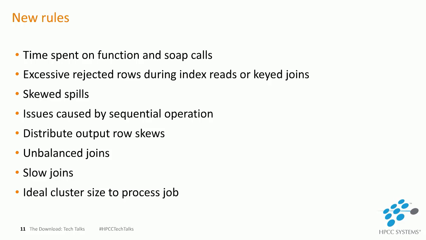The analyzer could detect unbalanced joins and slow joins and suggest a more suitable join. It's very difficult to determine the best type of join without having access to the data, but the analyzer will be able to provide that information.